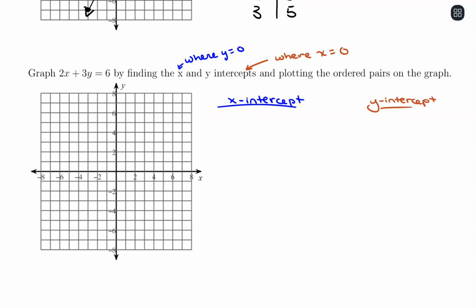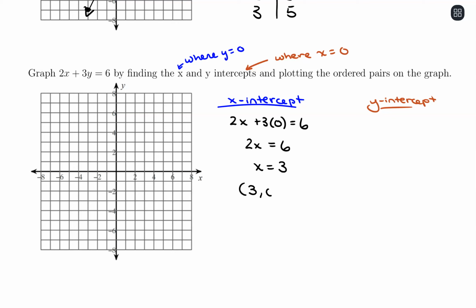So our equation is 2x plus 3y equals 6. To find the x-intercept, we're going to plug in y equals 0. So we'll have 2x plus 3 times 0 equals 6. 3 times 0 just turns into 0, so we have 2x equals 6. Divide both sides by 2, so we'll have x equals 3.